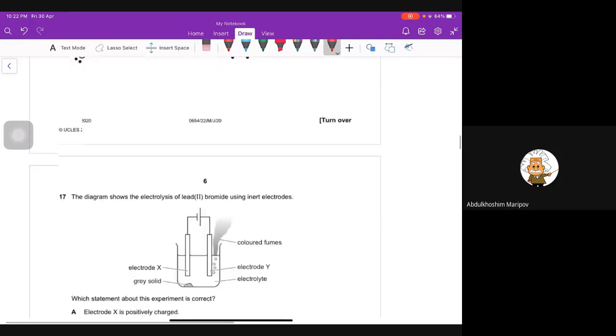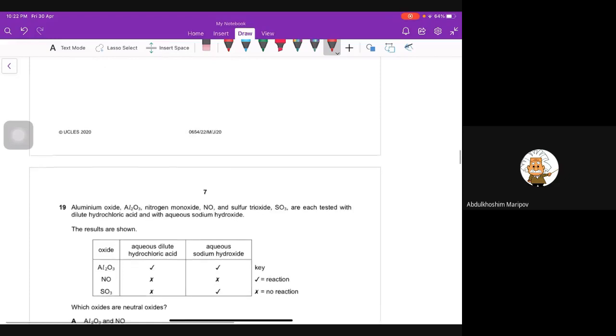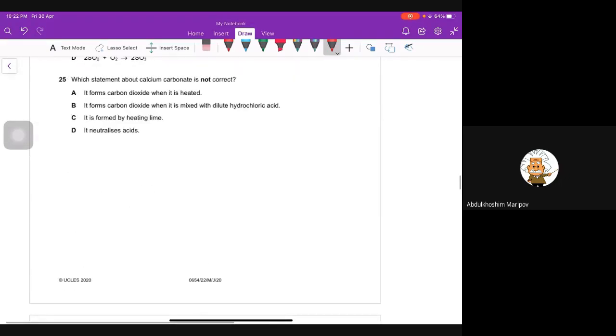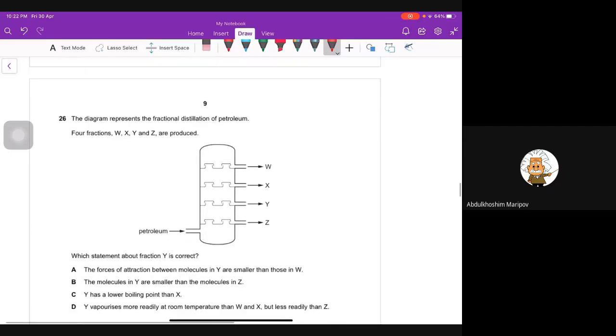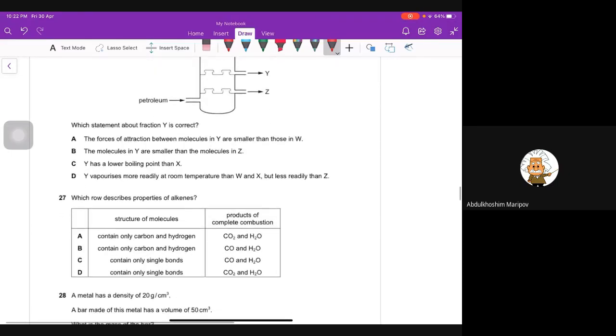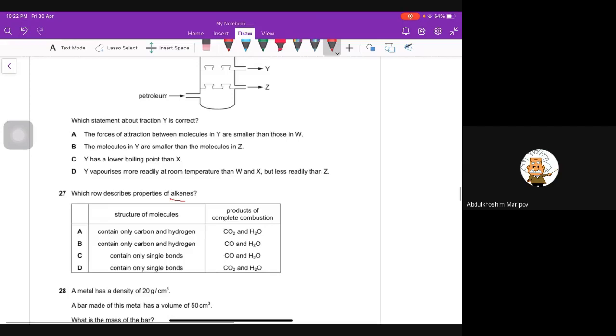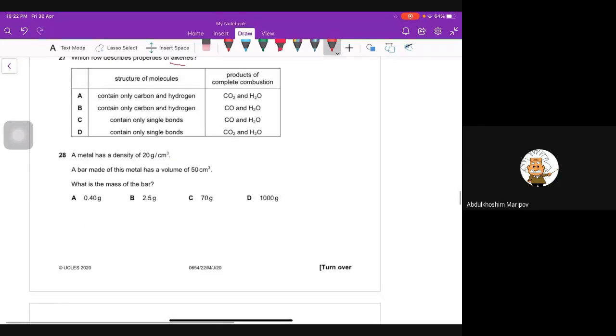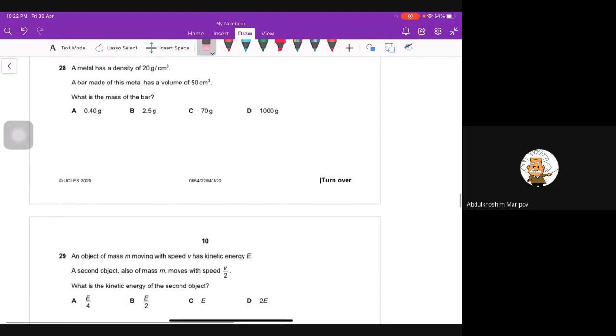Aluminum, chemistry. Which metal, chemistry. Maybe around 26 chemistry. Even 27, alkynes, chemistry. 28, density. Okay, starting from 28, we have the physics. So let's get started with questions.